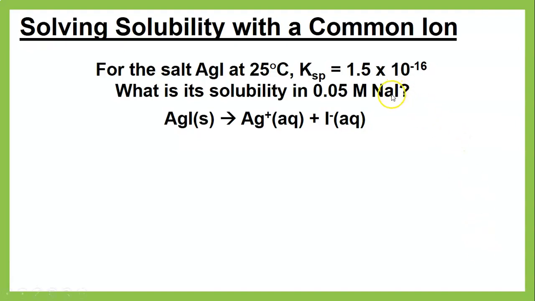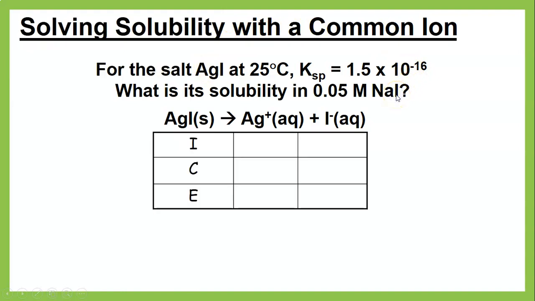So this time, do you see that I have a salt present? And the salt has an ion in common with the silver iodide? That's the common ion effect. So this time I'm not starting with 0 in both places.